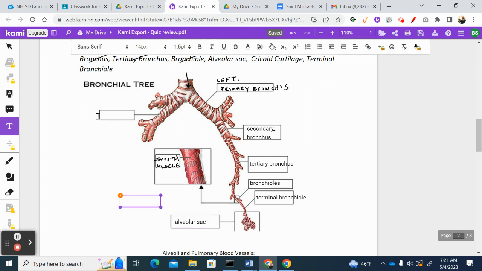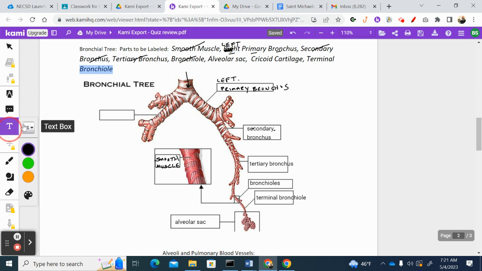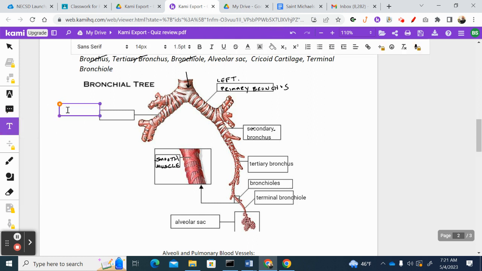Here's that cartilage. They want us to label the cartilage. That's called cricoid cartilage.